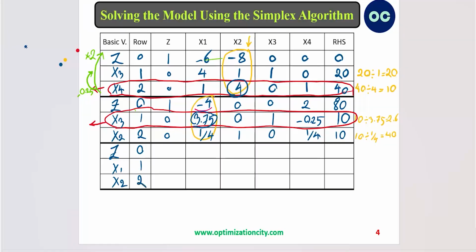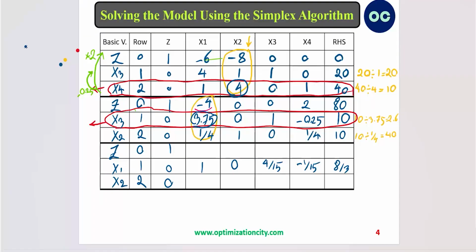We divide row number 1 by 3.75. So 1, 0, 4/15, minus 1/15 and 8/3.